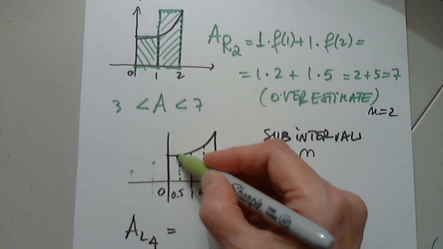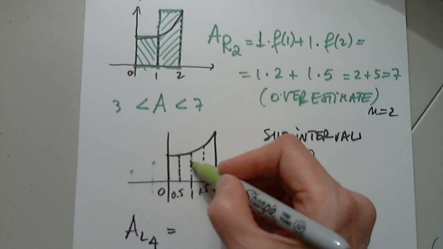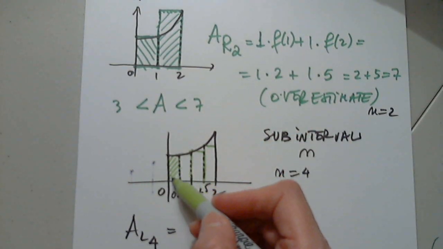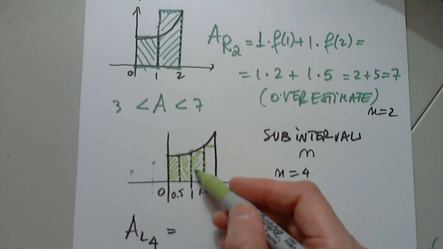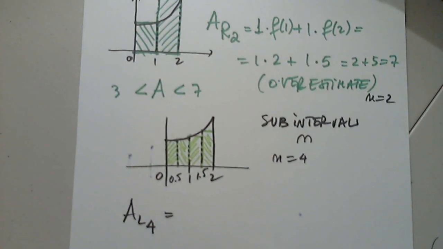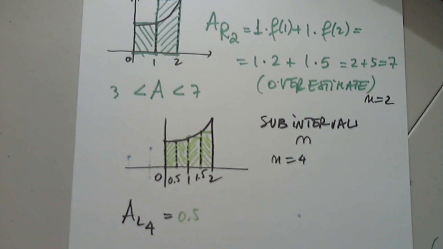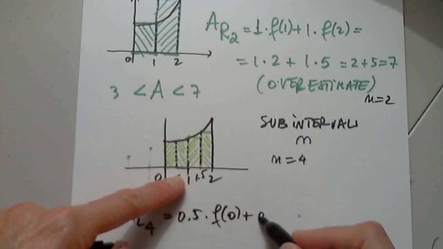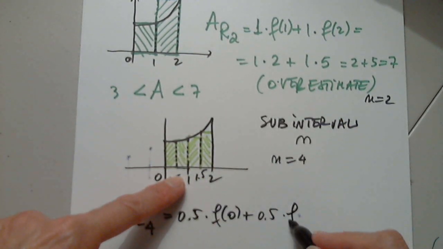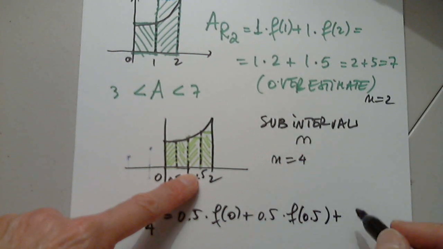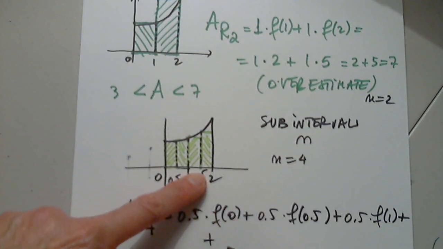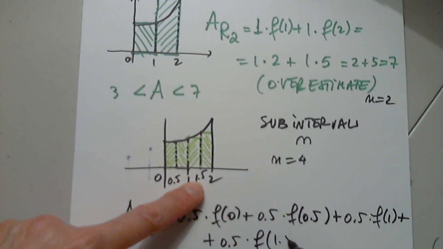Height, height, height, height. Base 0.5 times f of 0 plus base 0.5 times f of 0.5 plus base 0.5 times f of 1 plus base 0.5 times f of 1.5.